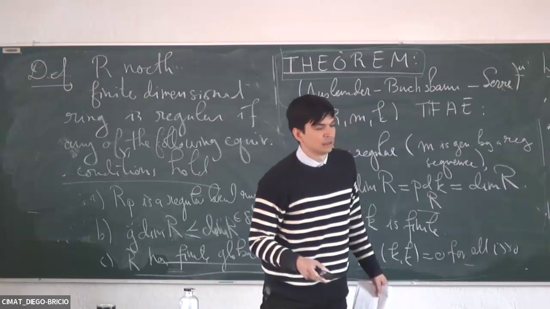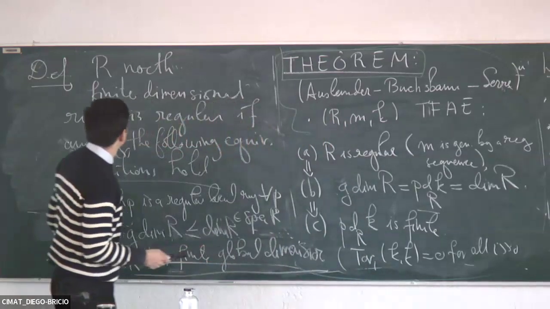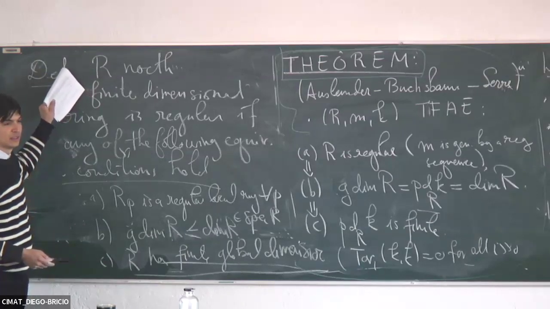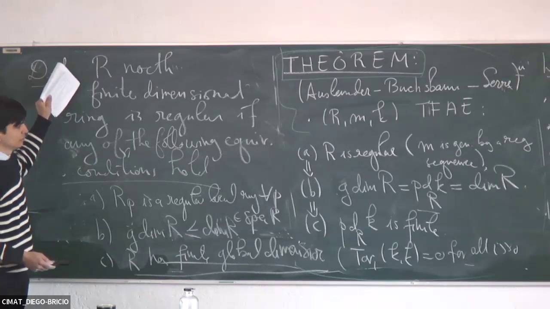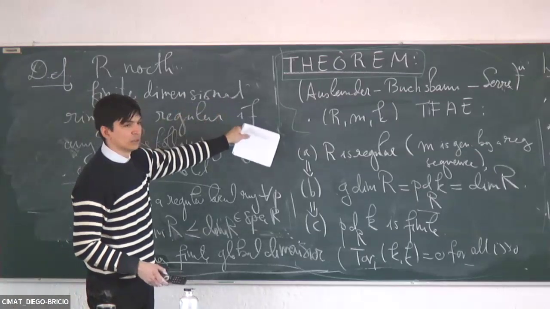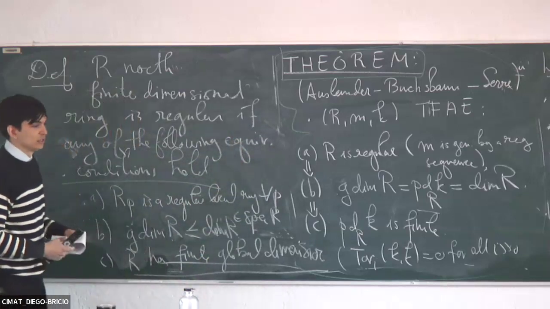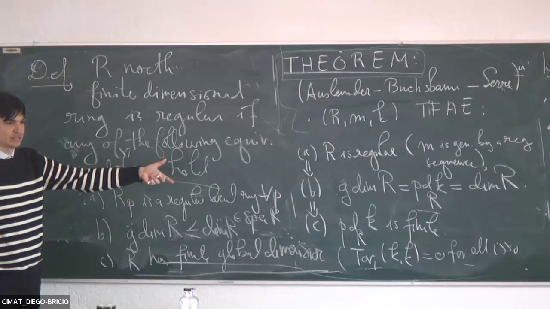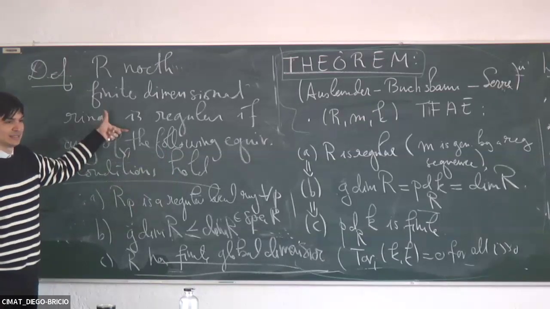It is for any Noetherian ring? Yeah, R has to be Noetherian and finite dimensional. Not necessarily local. It doesn't have to be local. But they do coincide, right? We had the definition for the local case, and this is how you extend it.